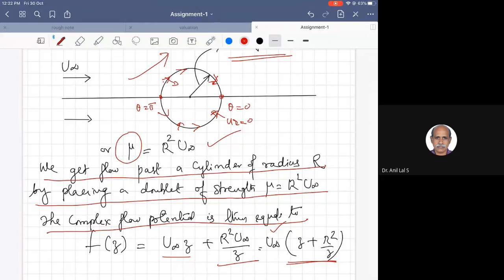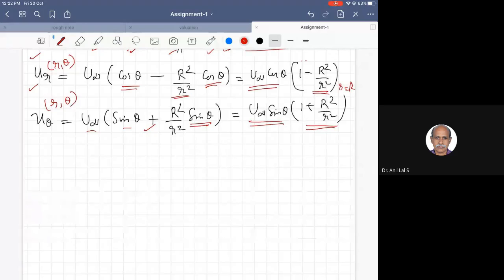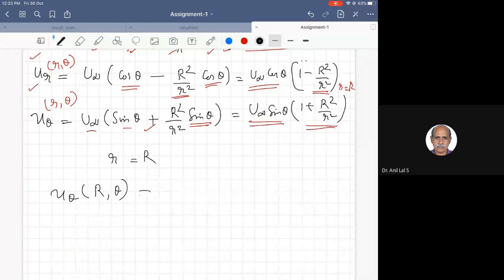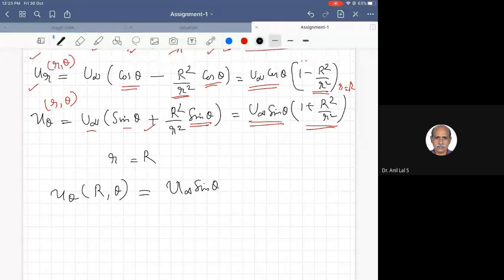So what is the velocity? You can find out at different points. This is at any r and theta, but on the surface of the cylinder, what happens? So u theta on the surface of the cylinder is equal to u infinity sine theta into 1 plus capital R squared by capital R squared.